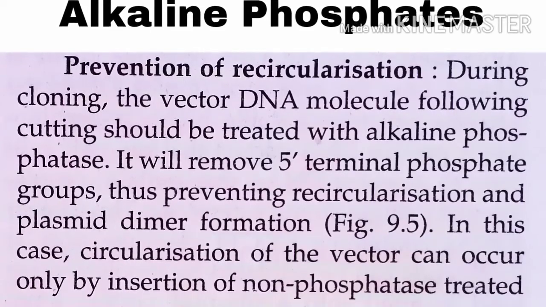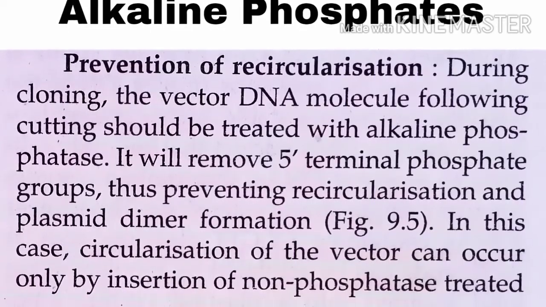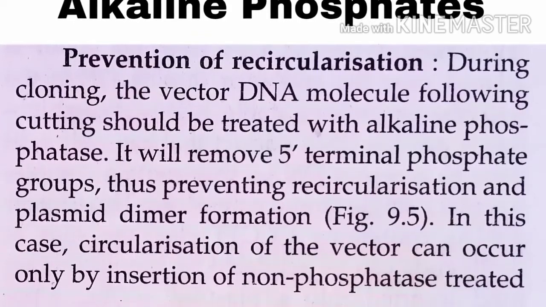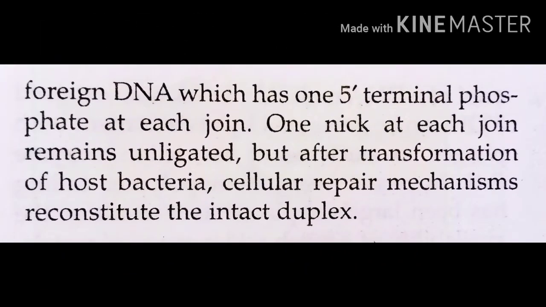Now, in this case, circularization of the vector can occur only by insertion of non-phosphatase treated foreign DNA, which has one 5' terminal phosphate at each joining. One nick at each join remains unligated, but after transformation of host bacteria, the cellular repair mechanism reconstructs the intact duplex.